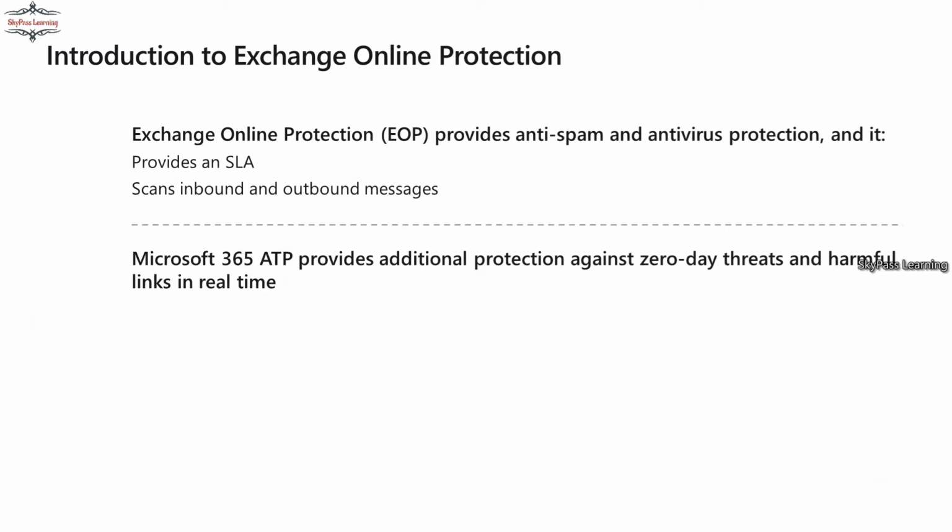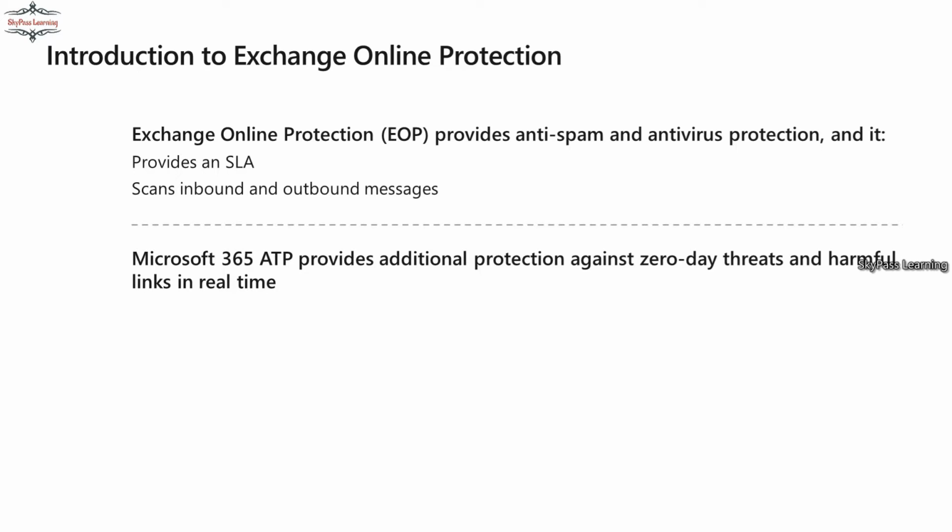Okay, now coming to Exchange Online Protection. Exchange Online Protection is your cloud-based service that provides anti-spam and anti-virus protection. It will safeguard your organization's emails, and with the help of this you can protect your environment.